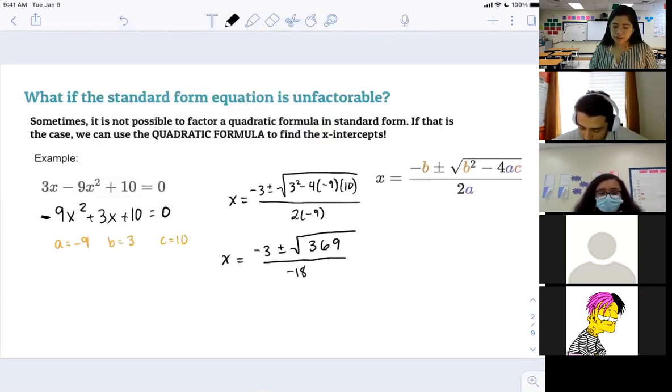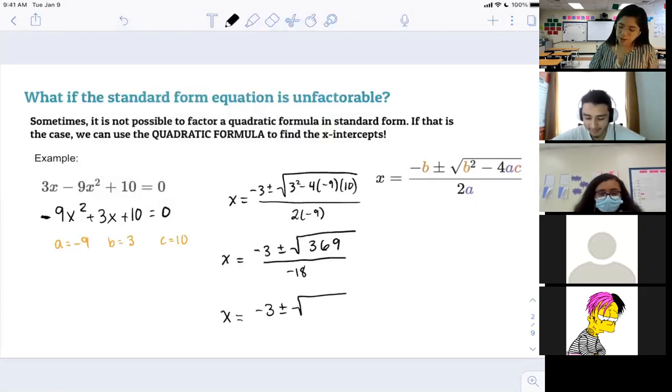So we're not going to turn it into a decimal because, like I said, this is not a real world problem. So we're going to keep it as a fraction. What we need to do is find a factor of 369 that you can take the square root of.